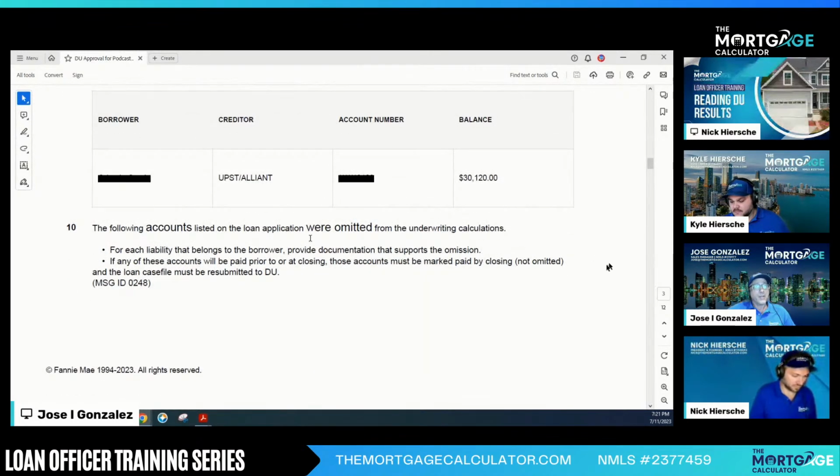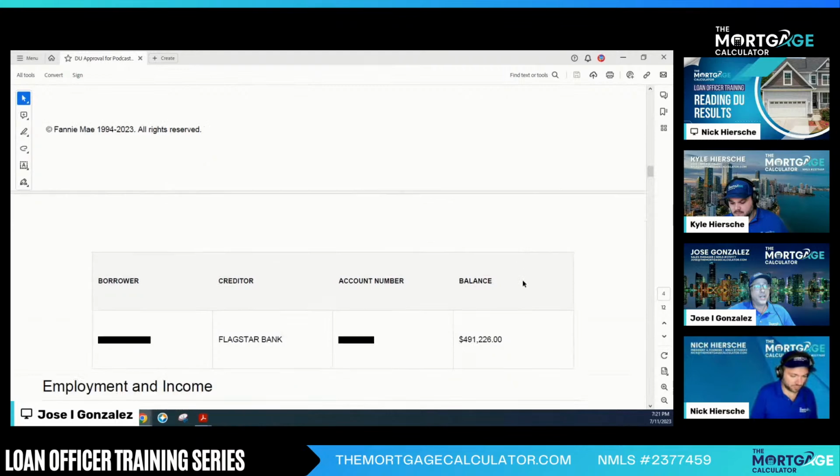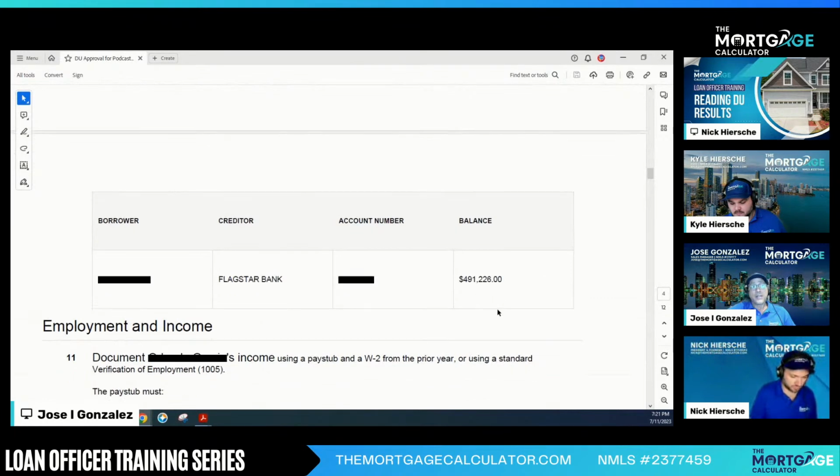So now we have some omitted accounts that the system omitted, and it is the loan on his current residence that is being paid off with the closing of his home. So that's going to be paid off way before he closes on the purchase that he's doing right now. So I marked it as pending sale in the application.